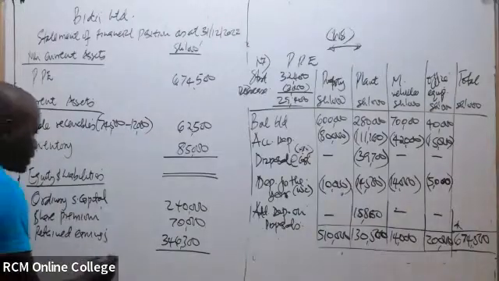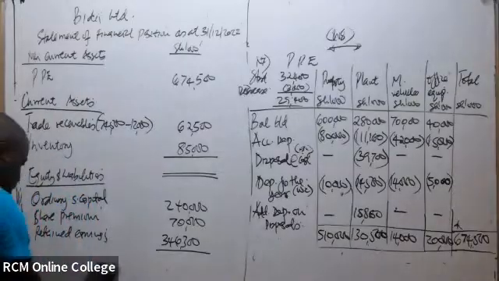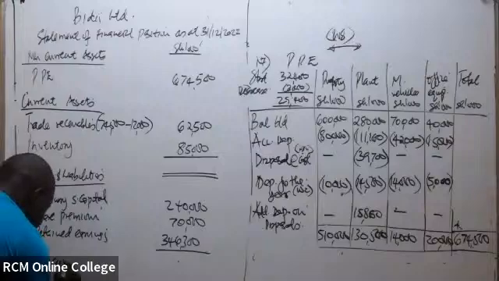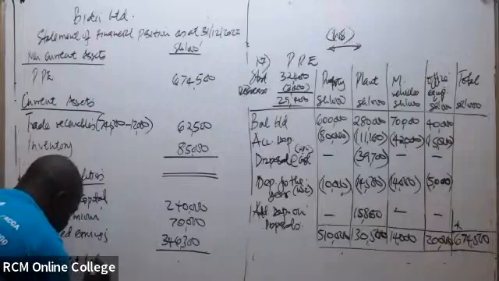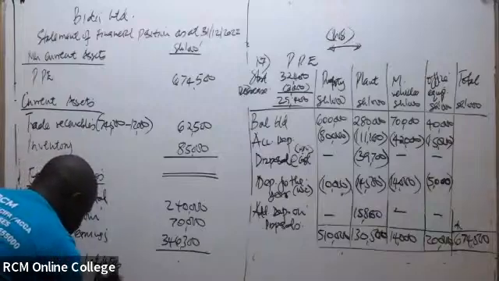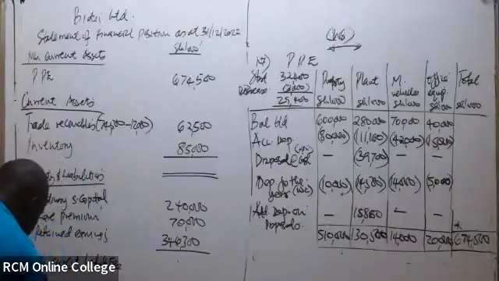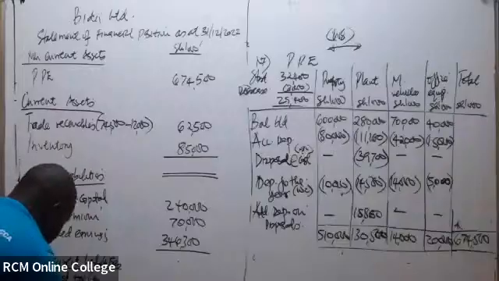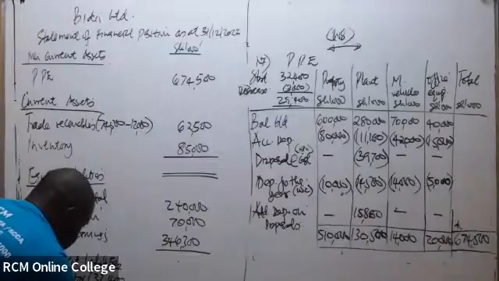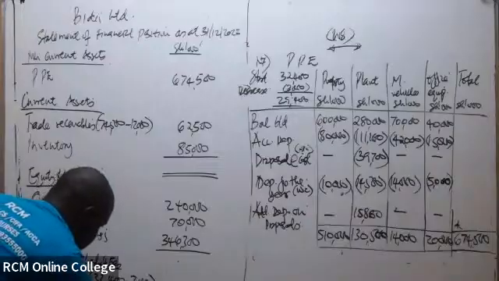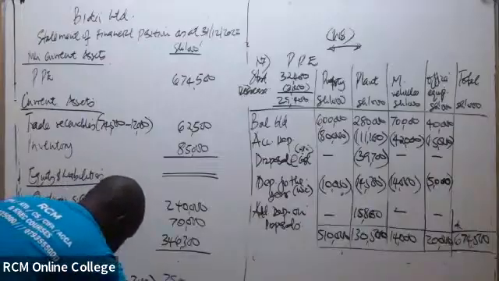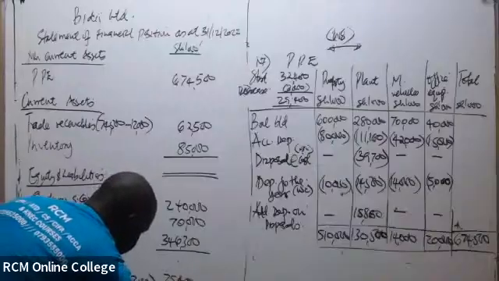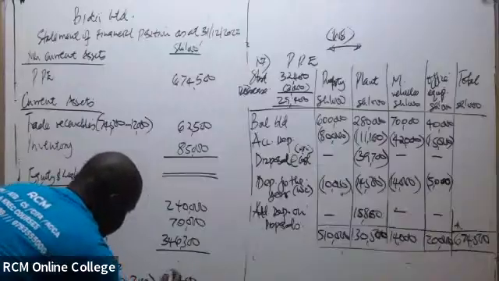So in this case, under the non-current liabilities, we have deferred tax, which will be 32,400,000 minus 3 million, which ends up being 29,400,000.